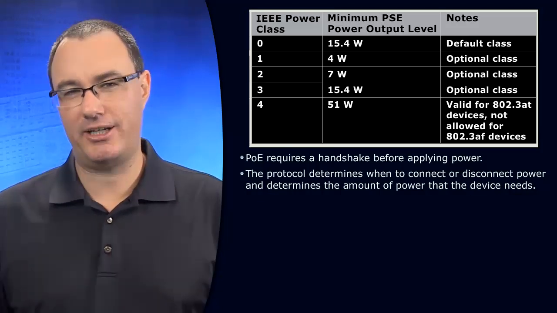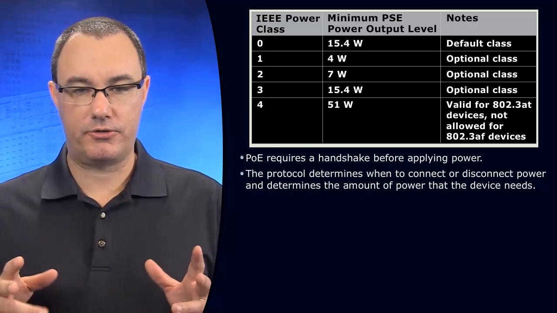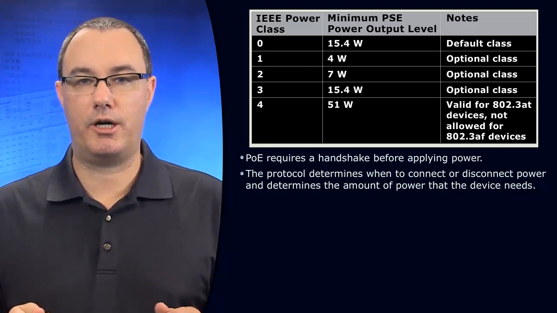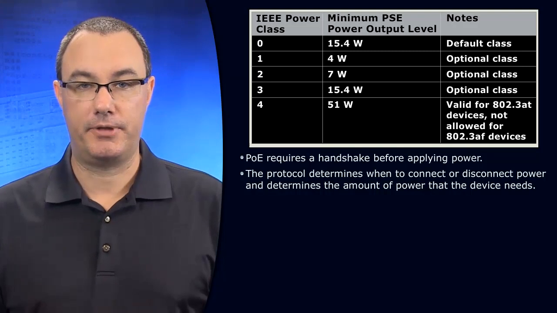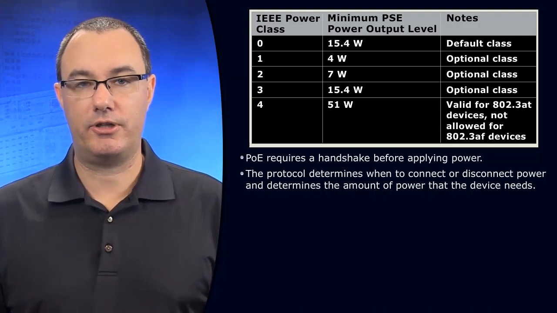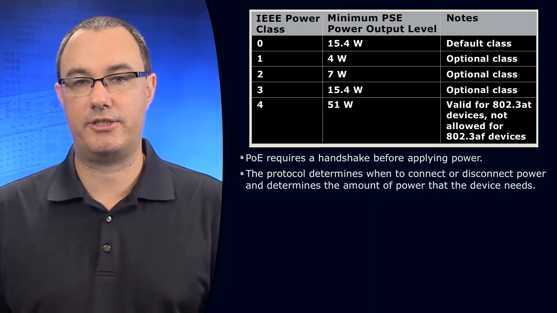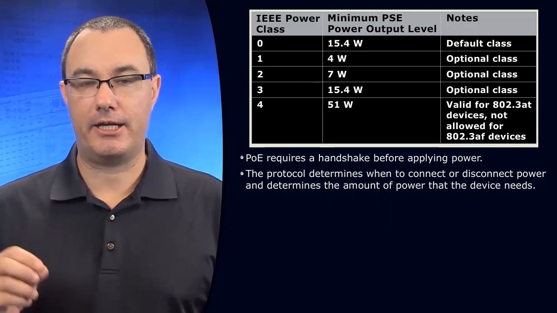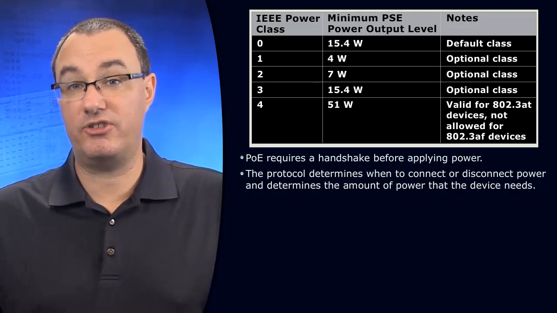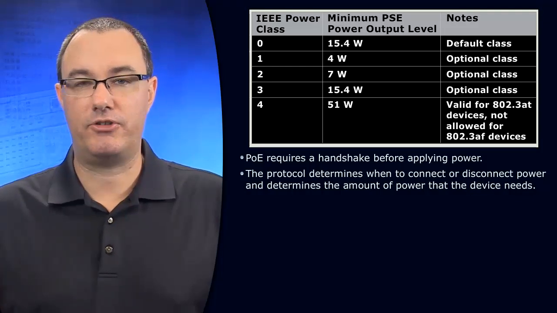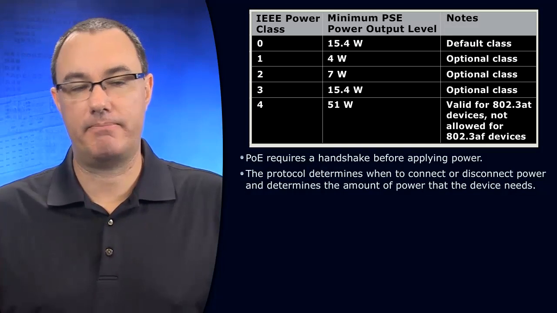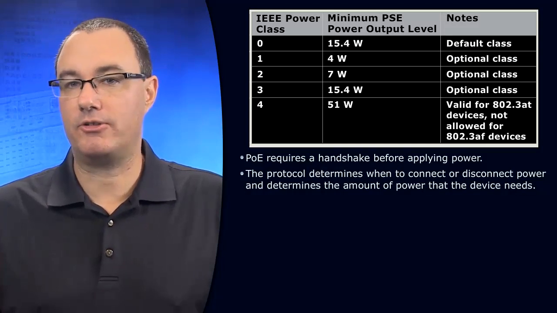The first thing that takes place is something that would be akin to a resistance meter. And what's going to happen is the switch is going to detect if the other side wants power. And it can do that by checking the resistance. And if it sees 25 kiloohms, it will say, that device wants some power.